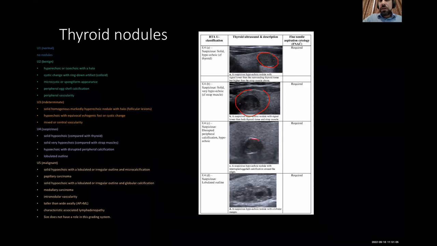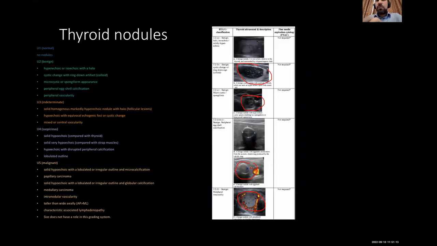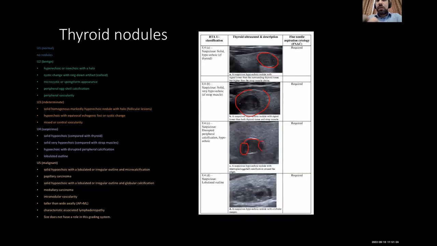You see this calcification disrupted at this side. In the U2, the calcification is smooth and goes everywhere, but here it is disrupted, and with lobulated margins.